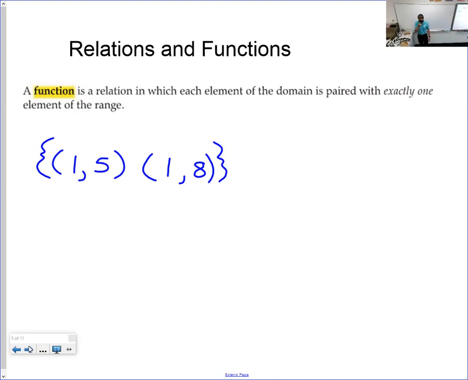The set of numbers 1, 5, 1, 8, this is a relation. It is not a function because you have one value in the domain, 1, going to two different values, a 5 and an 8. So this is not a function.